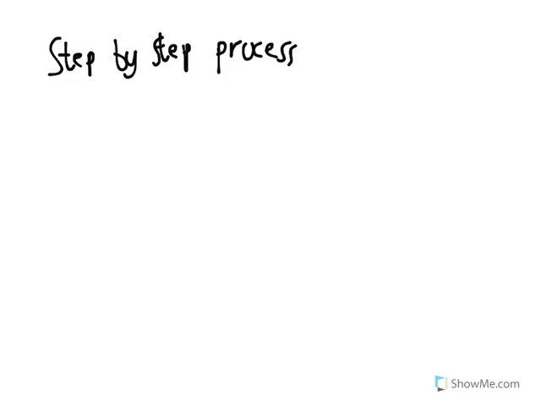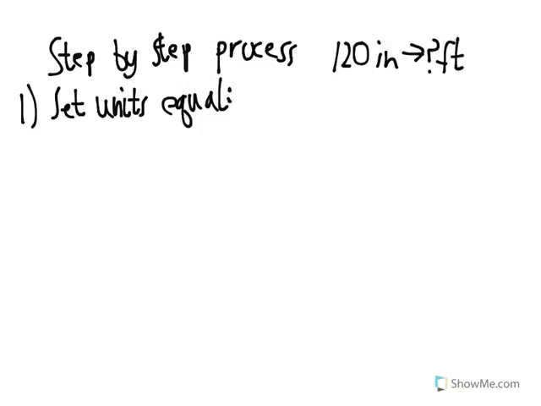So now let's look at a step-by-step process for converting any one set of units into another set of units. So let's take, for our example, we're going to be converting 120 inches into feet. So step 1 is to set the units equal to each other. We need an equation that equates inches and feet.